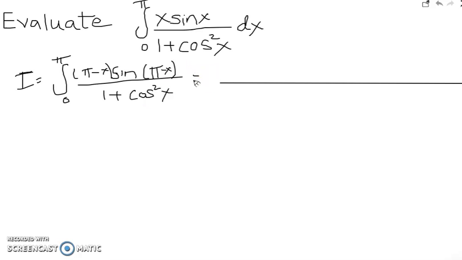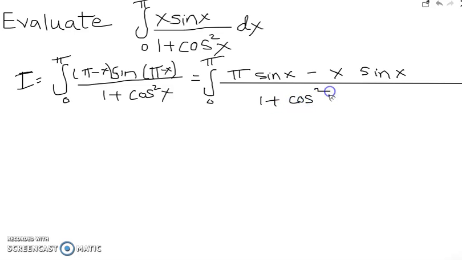Now what will it be equal to? Integration pi to 0, pi minus x times sin of pi minus x, which is sin x. Just multiply pi and minus x, sin x by 1 plus cos square x.